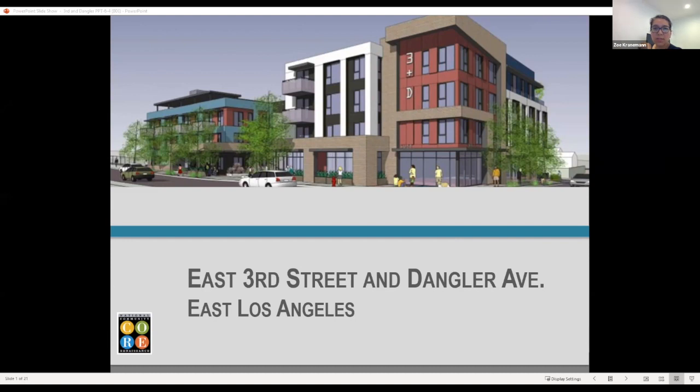So this project is, like I mentioned, half of the units are for the formerly homeless. And that process is going to be managed by our homeless service provider, PATH, People Assisting the Homeless. I don't know if people are familiar how that works, but that process is managed by the county.